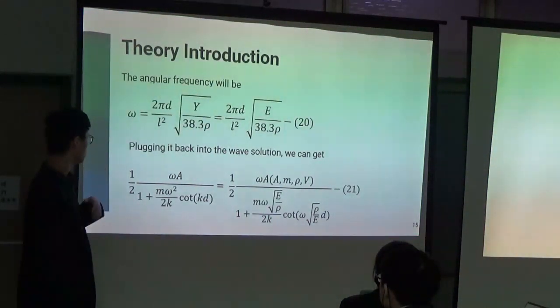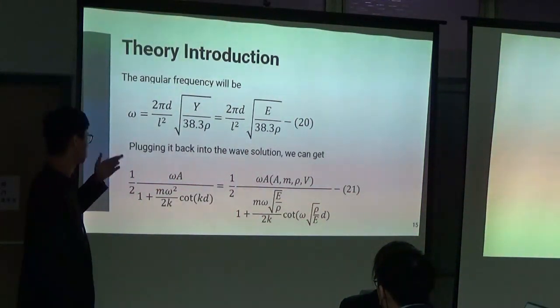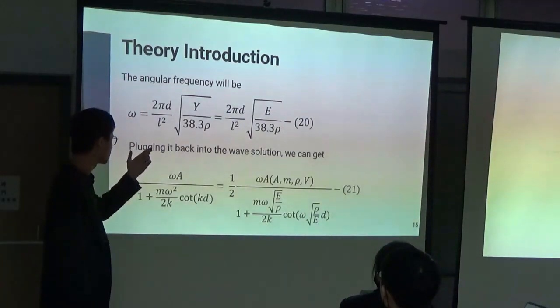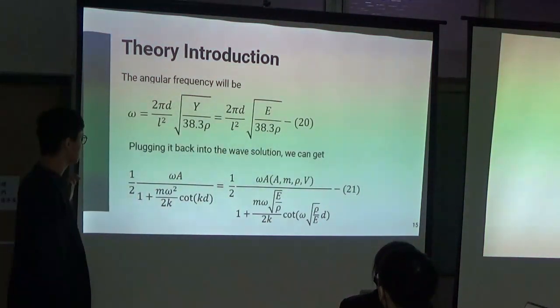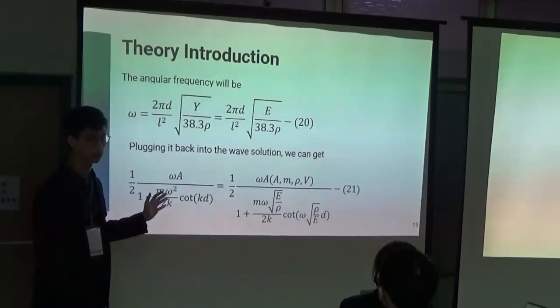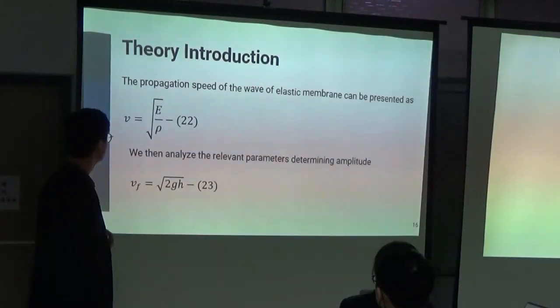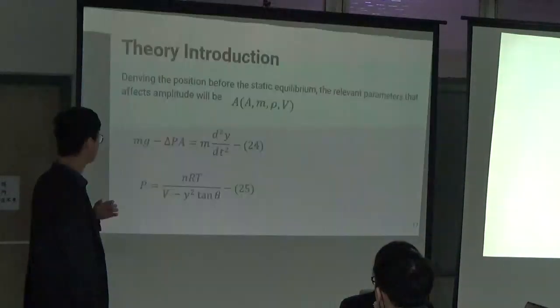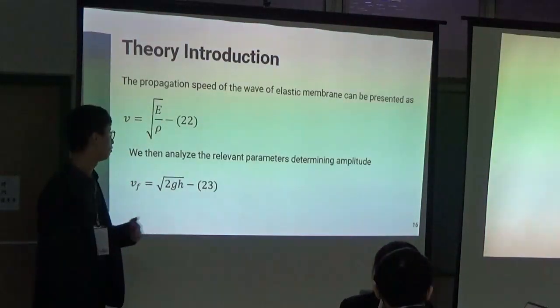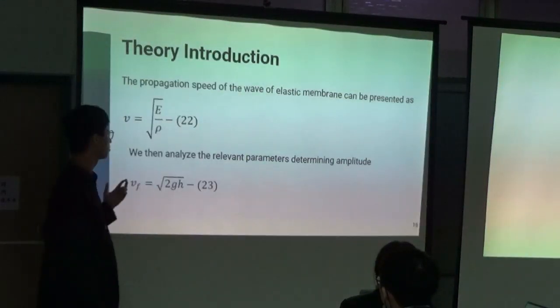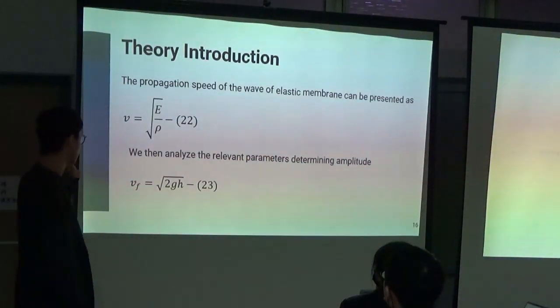So we can get the angular frequency in equation 20, and plugging back into the wave solution, we can get equation 21. The propagation speed of the wave in an elastic membrane can be presented as equation 22.